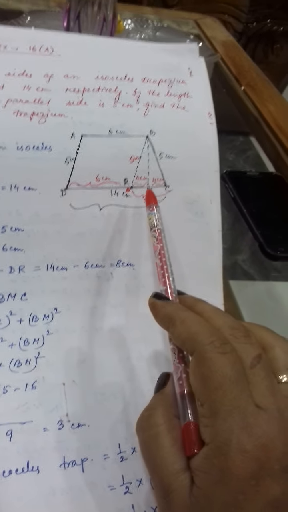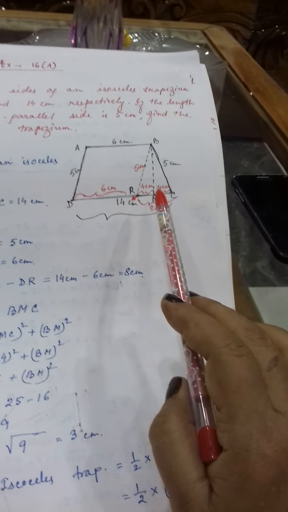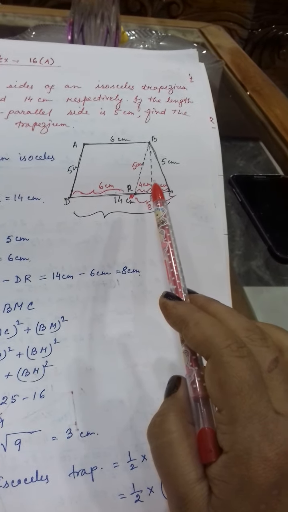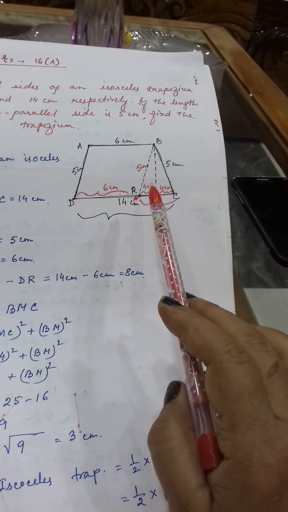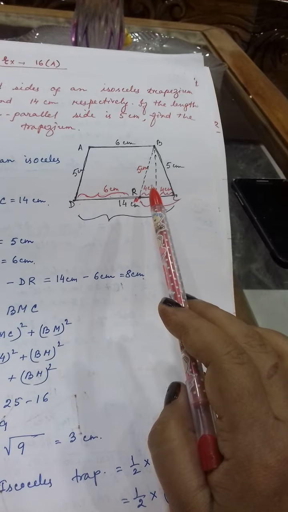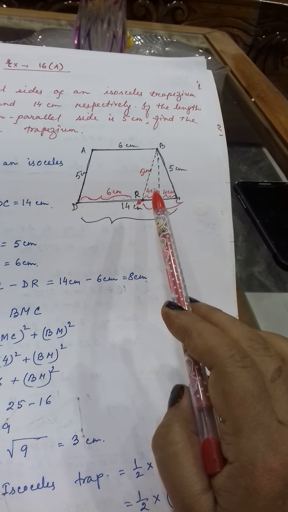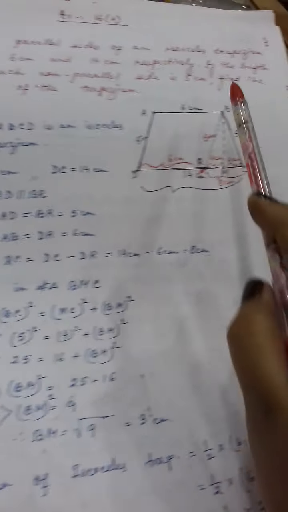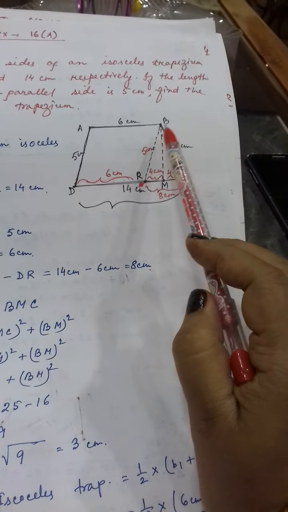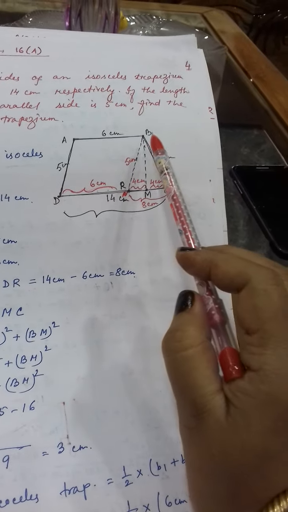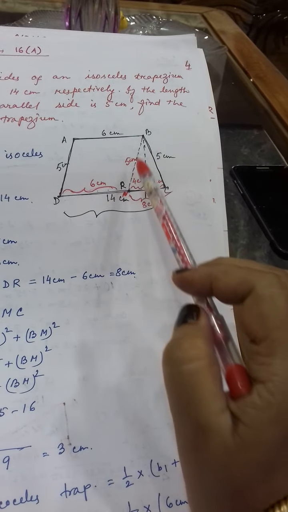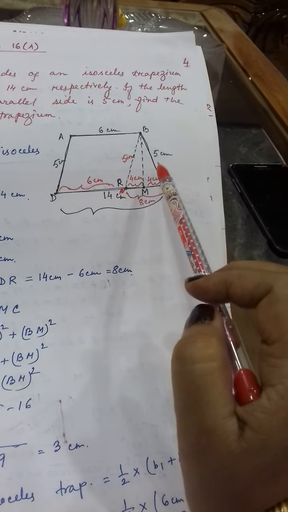Now you have to apply here Pythagoras theorem. Pythagoras theorem, all of you know. Hypotenuse square is equal to base square plus perpendicular distance square. Yes or no? So from this right angle triangle, either you consider BMC or you consider BMR. Any one. Clear?